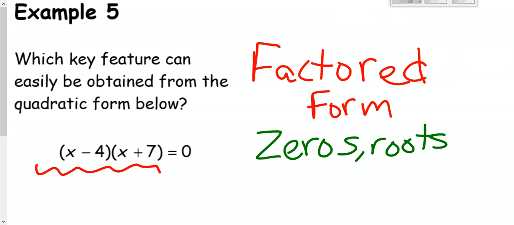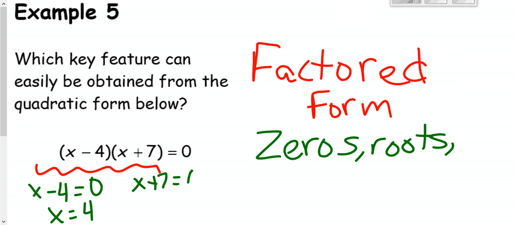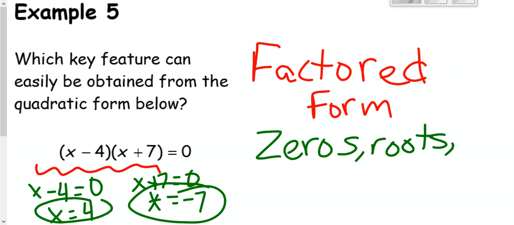All of those mean the same thing, right? This is where we would take each parenthesis and make it equal to 0, and then we solve. And so you end up with two answers. Here I got 4 and -7, so those are my two zeros, 4 and -7.